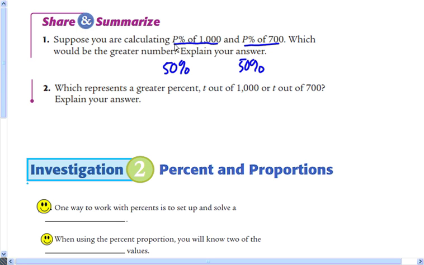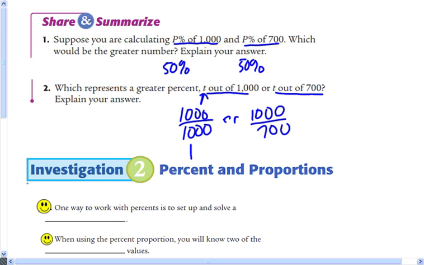Number 2 says, which represents a greater percent, t out of 1,000 or t out of 700? Again, let's just pick a number for t. I'm going to pick 1,000. So which is a greater percent, 1,000 out of 1,000 or 1,000 out of 700?